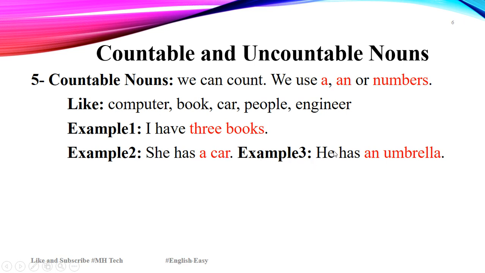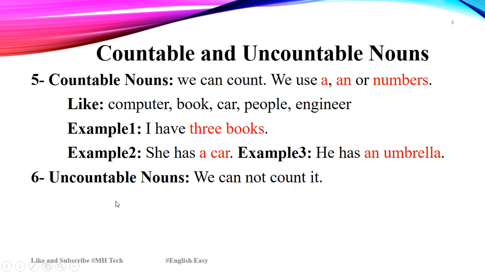Example 3, we have he has an umbrella. Here we have used an because the noun starts with a vowel letter. Umbrella is a noun. It is one umbrella. It's not 2 or more than 2. And we use an. It shows one umbrella is here.